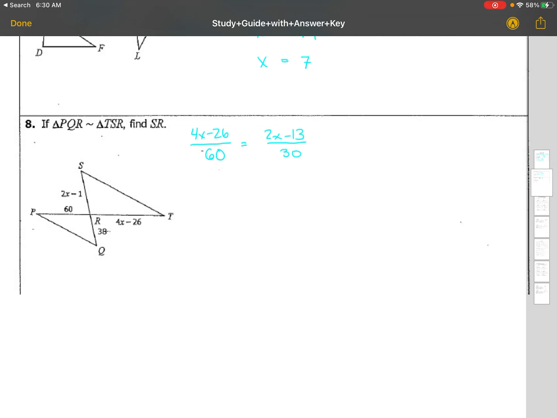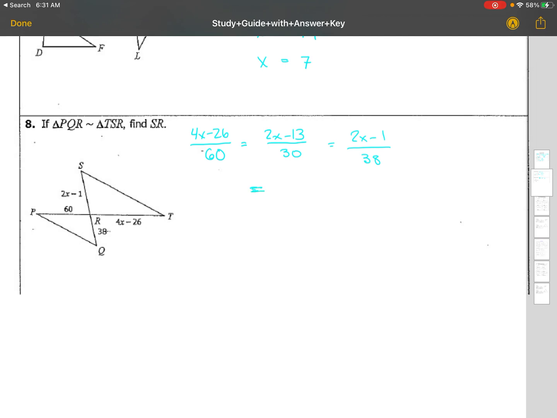And then SR is proportional to QR. So this is going to equal 2x minus 1 divided by 38.